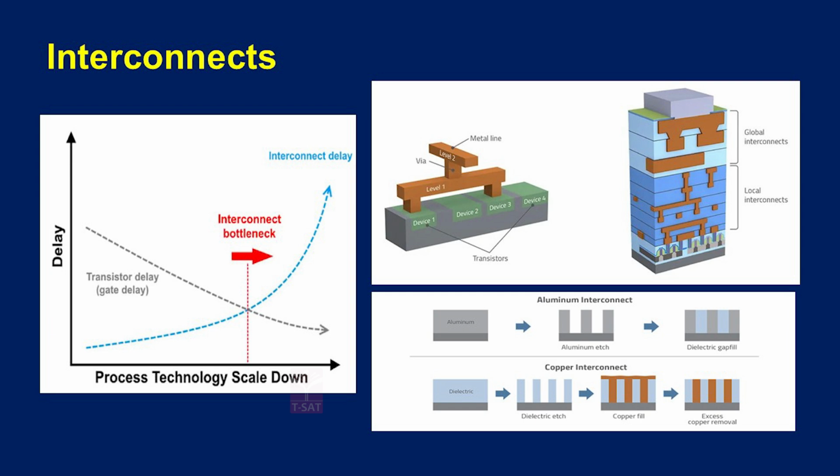Interconnect, as I said, means the connections between one device and another through wires, right? These are the wires getting fabricated. There are multiple stacks of metals, metal level 1, level 2, and these levels are connected intermediately using vias. And that's where all these structures are, right? There are global interconnects on the top and local interconnects at the bottom, and for highly dense structures all these interconnects come in, right.